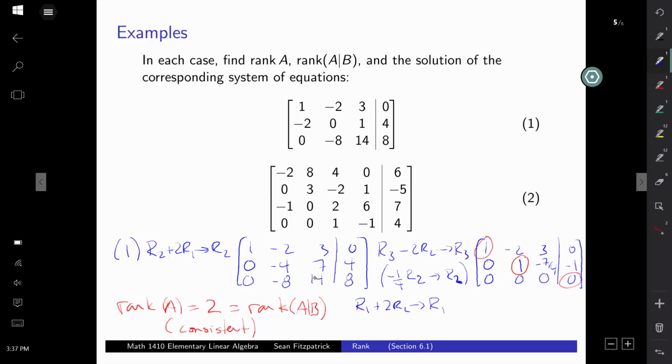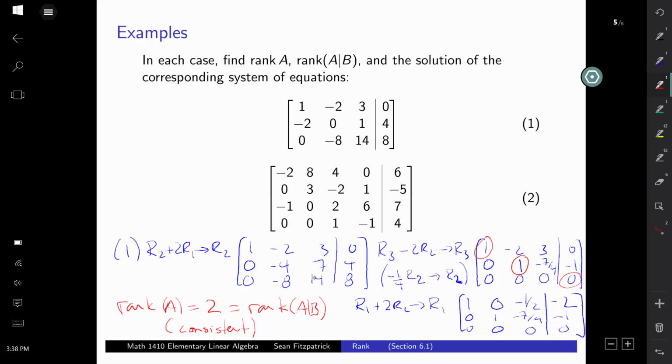I make that my new row 1. 1, 0, 3, so 3 is 6 over 2. 6 over 2 minus 7 over 2 gives me minus 1/2. And minus 2. 0, 1, minus 7 over 4, minus 1, 0, 0, 0.